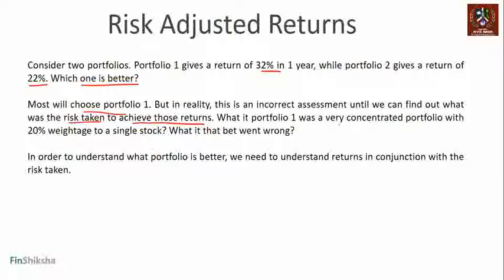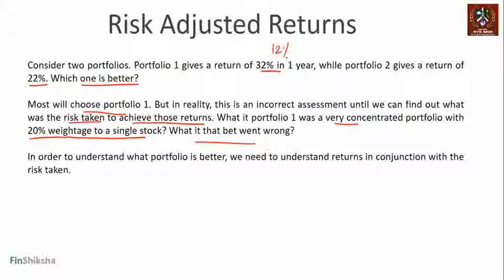What if portfolio 1 was a very concentrated one? What if portfolio 1 had 20% weightage to a single stock? What if that bet went wrong? If that stock that had huge weightage in the portfolio had gone down instead, this 32% could very well have been 12% for all you know.